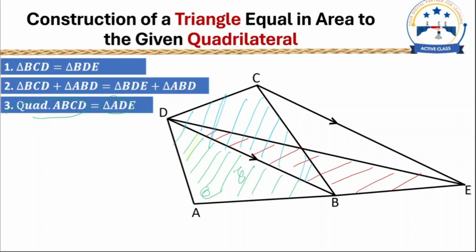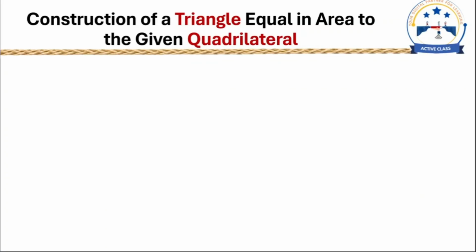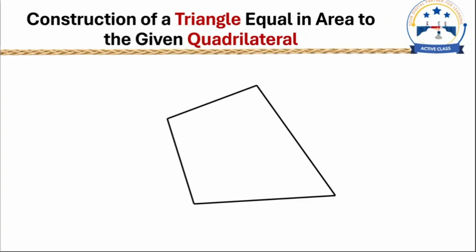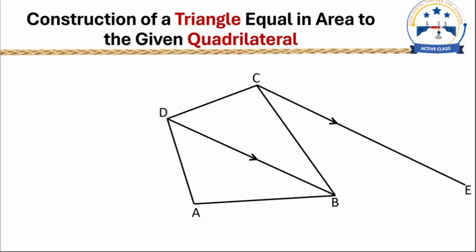This is the theoretical part. So whenever we are asked to construct a triangle that has equal area with a quadrilateral, first we construct a quadrilateral, remember? And then we construct a diagonal and a line segment that will be parallel to the diagonal. And remember, to make the line segment parallel, we make these alternate angles equal.